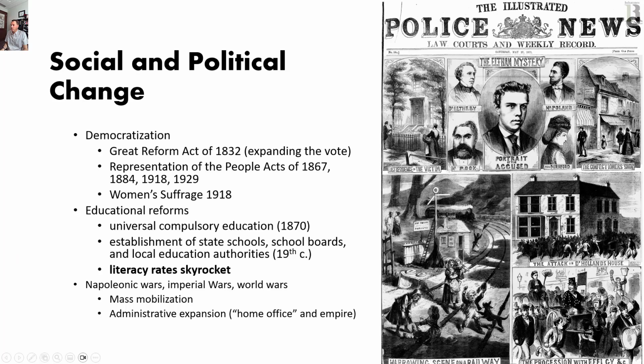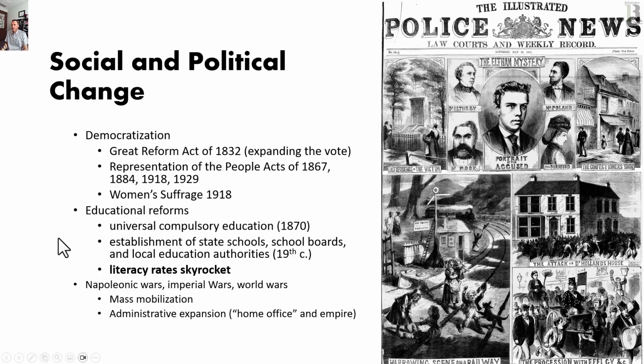Originally, you had to own property of a certain amount, and you had to be a white man, and so on and so forth. But in 1918, the franchise was extended to women of the age of 30. And then in 1929, that was lowered to 20, which was the same as the voting age for men. So more and more people were able to participate in the political process.